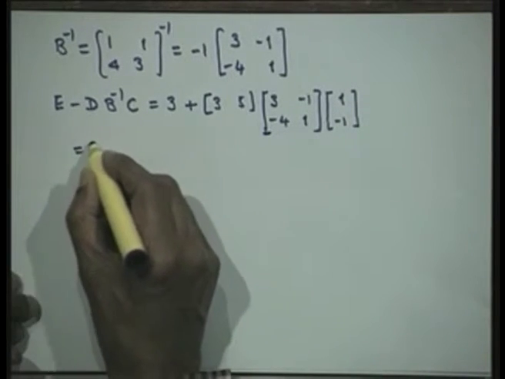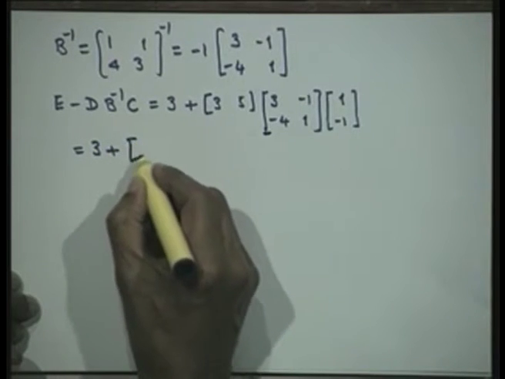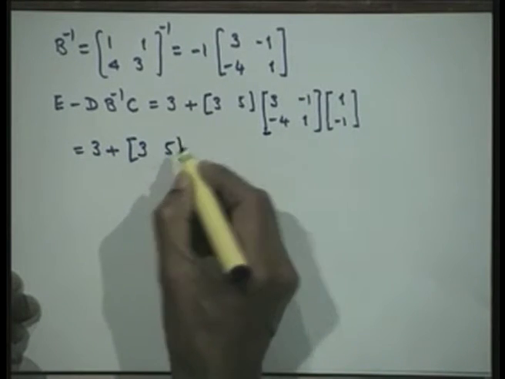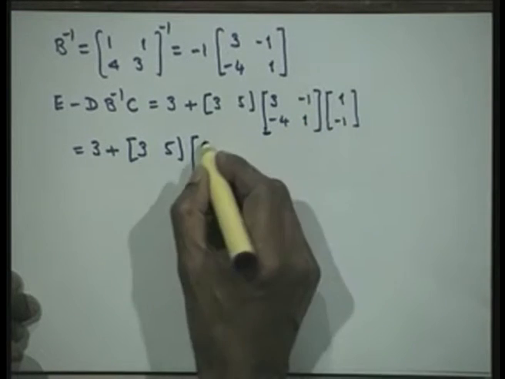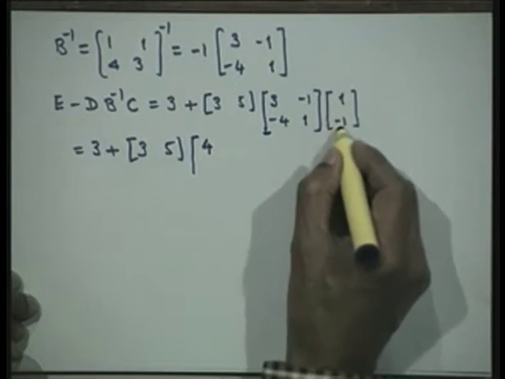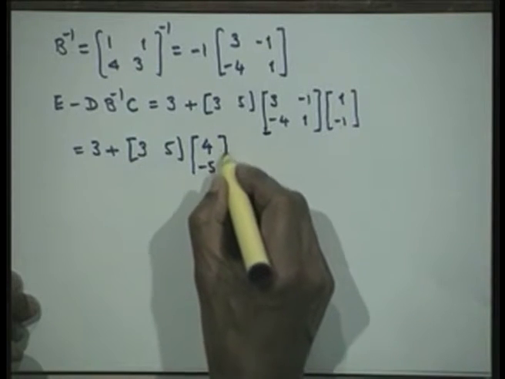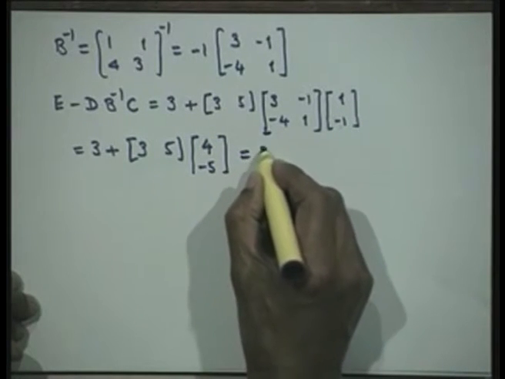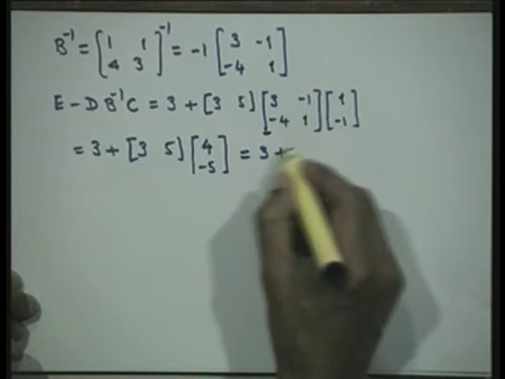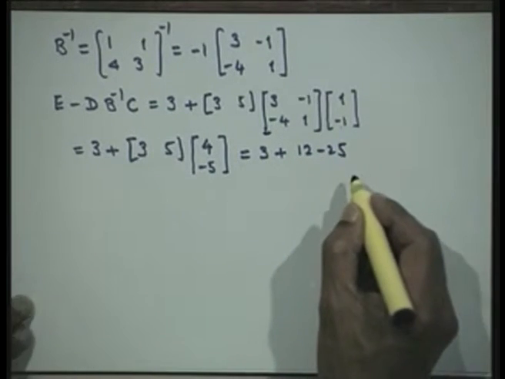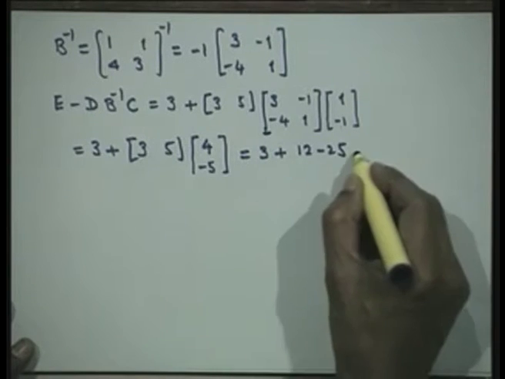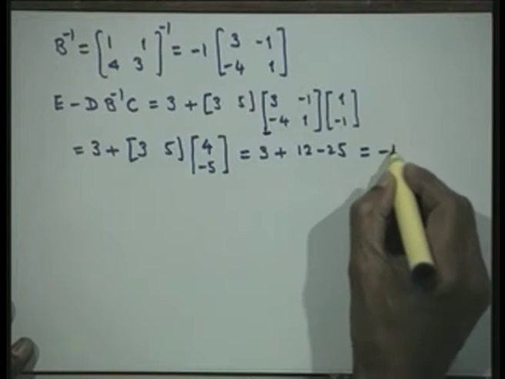So, let us multiply it out, that is 3 plus 3 5. Now, I multiply this matrix and the vector, that is 3 plus 1 4, minus 4 minus 1 minus 5, and that is 3 plus 3 12 minus 25. So, that is 15 minus 25, that is equal to minus 10.